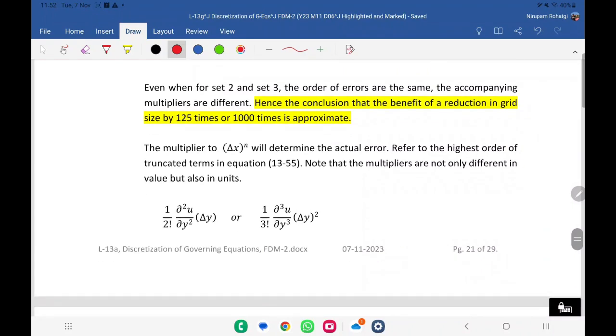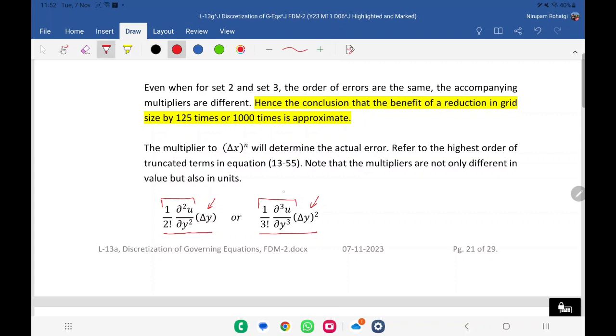Now this I was talking about in the beginning, that this is the actual term of truncation error, right? Even when one is a truncation order of 2, the other is truncation order of 1, you can't really compare them, because these terms are different. We were comparing the powers, but there are coefficients also.